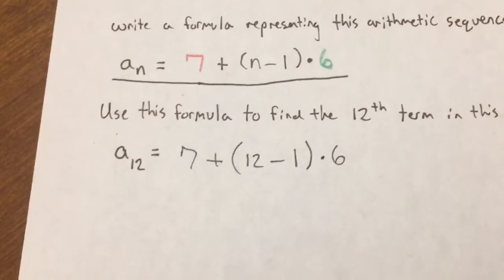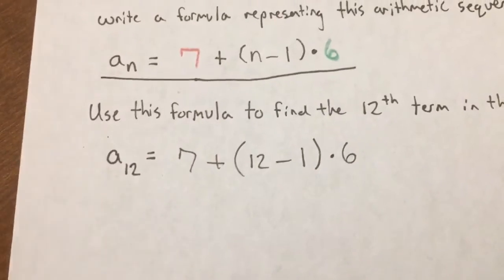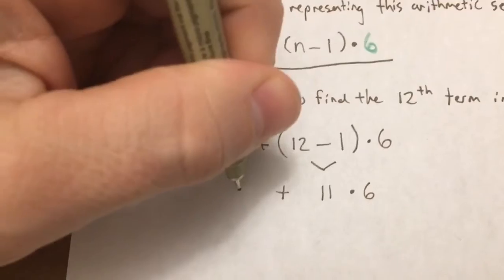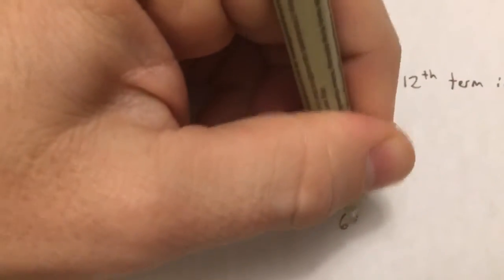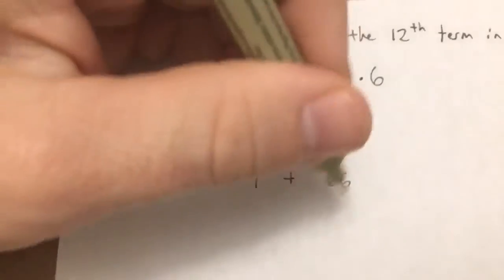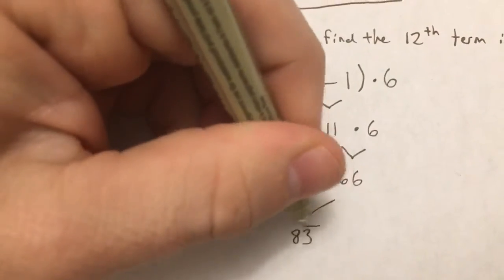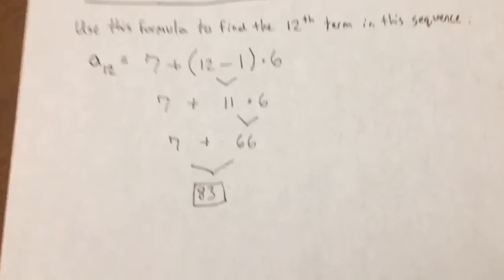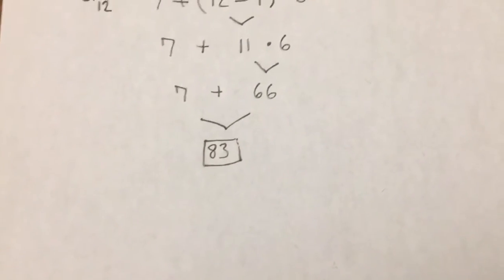We use order of operations to work this problem out. Let's do the parentheses first. Then we multiply, so that's 66. Then we add these numbers together, and that gives us 83. So the 12th term in this arithmetic sequence is the value 83.